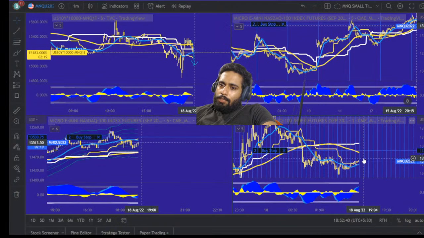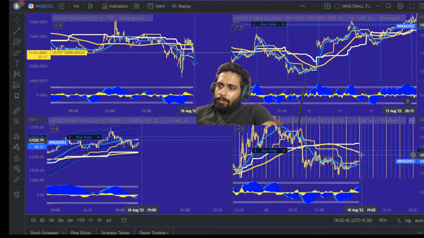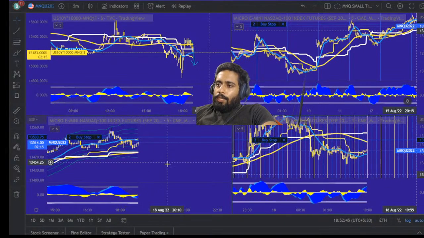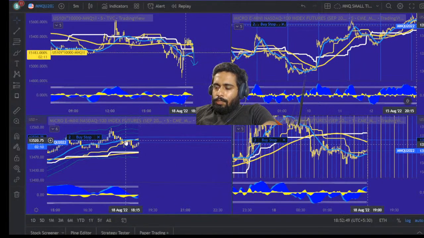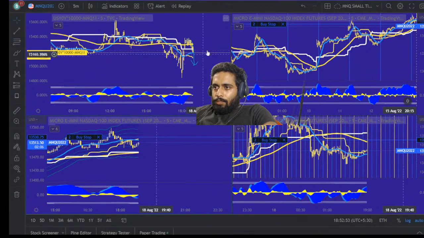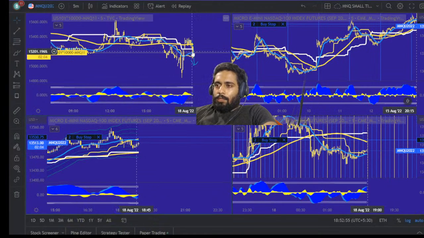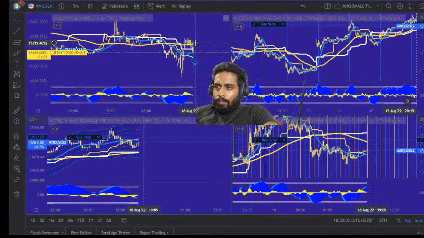Even the RTH is bullish. You see, this long term was to go down, and this long term 20 moving average is above, this was to go up. So I'm making decisions based off of this, because the 20 moving average for the yield was below the 100 moving average.